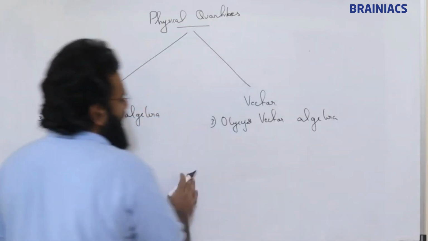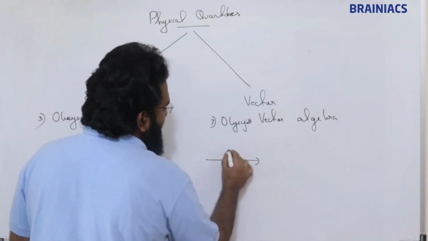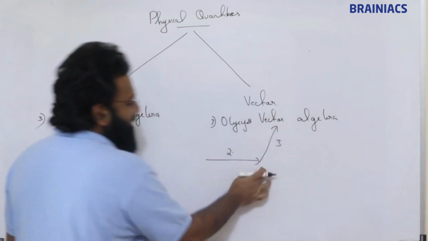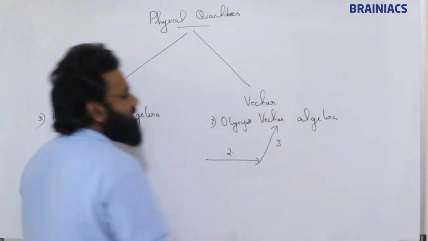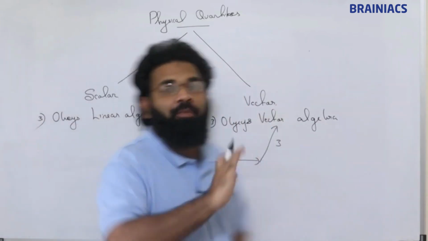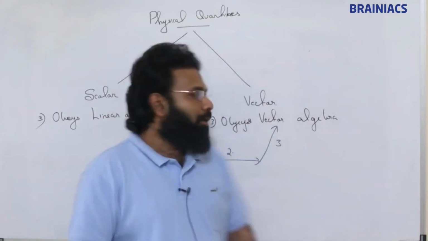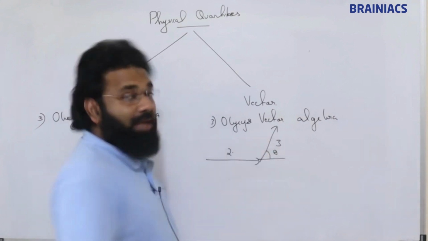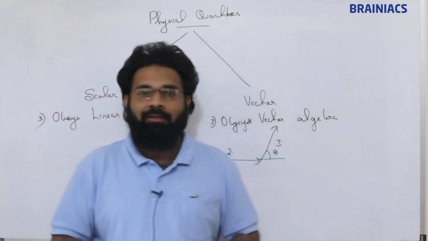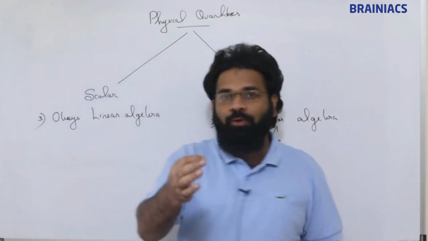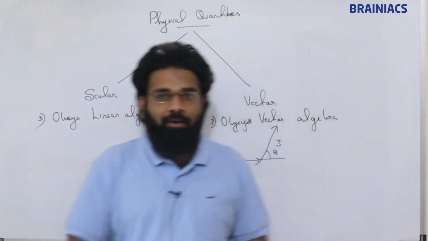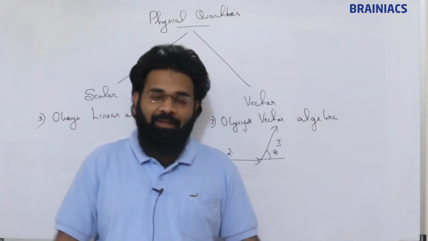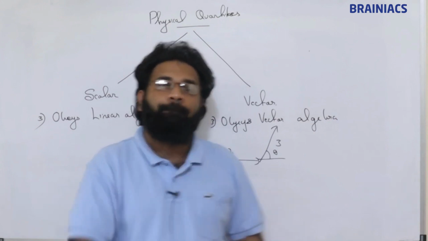Suppose, as I said, they already have direction. If 2 is acting in this direction and 3 is acting in this direction, 2 plus 3 will not be equal to 5. It all depends on the angle also, because direction is there. In scalar we said 2 into 3 is 6, but in vector 2 into 3 need not be 6. It can be, but it has a different technique.